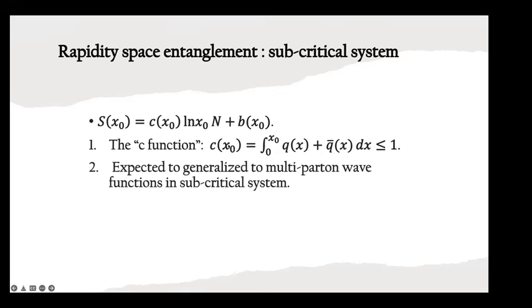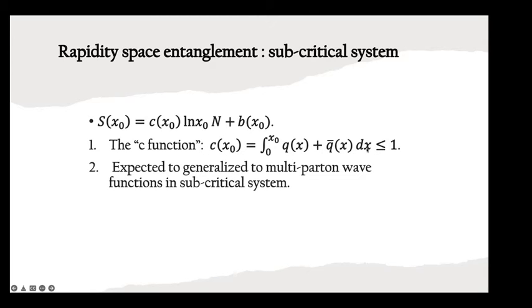And furthermore, here we can show that at least for these two-body matrices, or two-body wave functions, this C function is just the accumulated probabilities of finding a quark and finding an anti-quark. Namely, they are expressed in terms of the quark PDF q(x) and anti-quark PDF q-bar(x), and therefore it is always bounded above by 1.